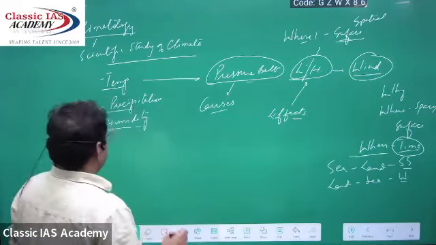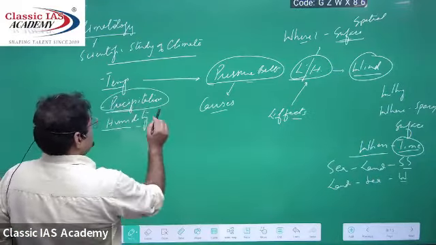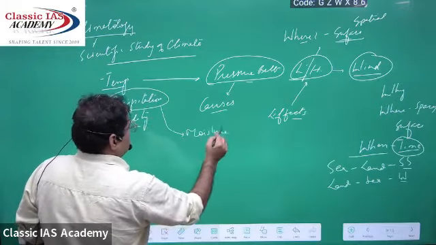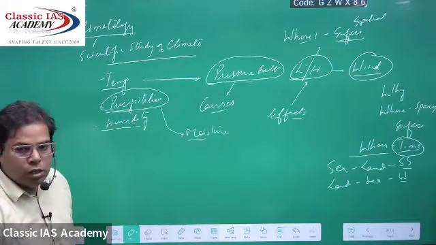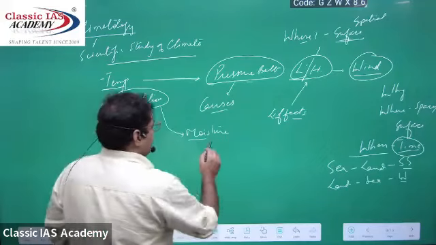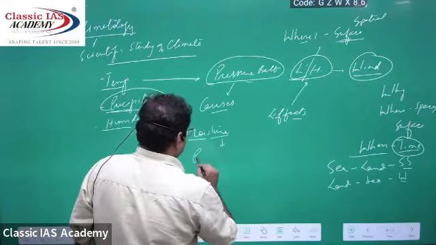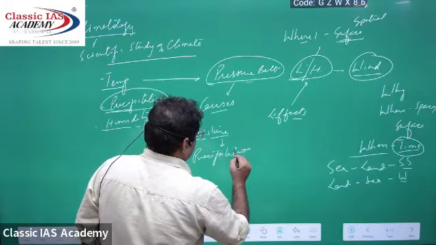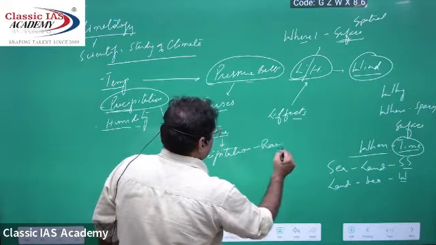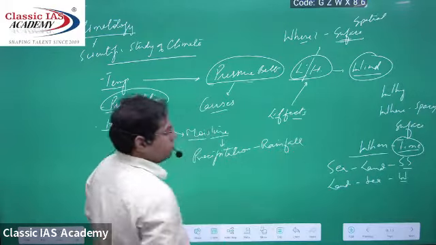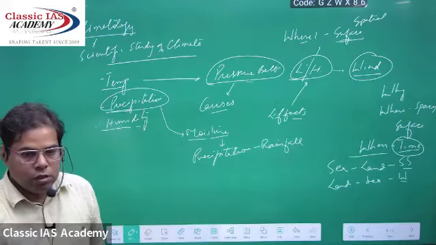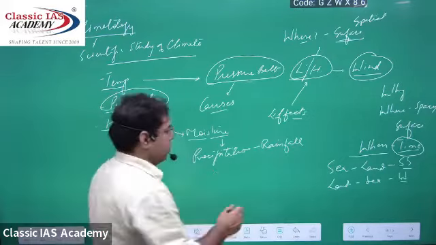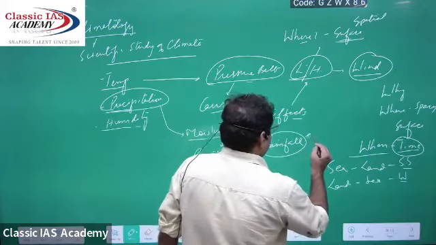When winds are moving, they also bring some moisture. If the winds are obstructed, there will definitely be precipitation, like rainfall. Is rainfall an effect or not? Rainfall is an effect or impact.